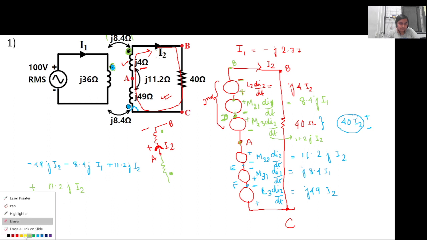Ma'am, I2 is 40 plus J53. I2 will be 0. Yes, I2 will be actually 0. So I'm using KVL in the loop. Yes, ma'am. It will be 0 because the I1 terms get cancelled, right?